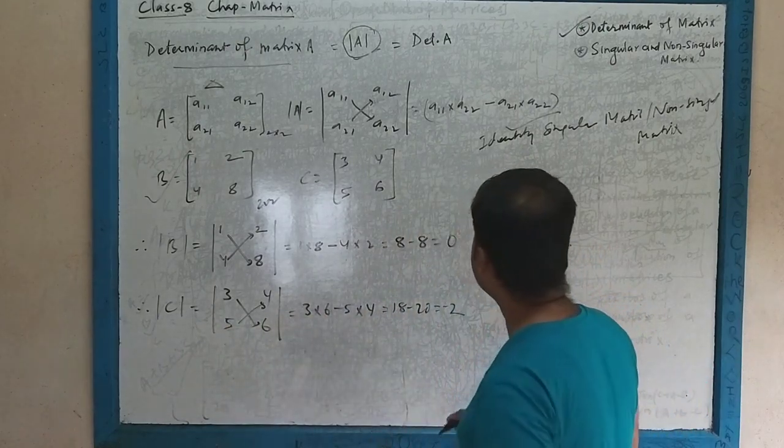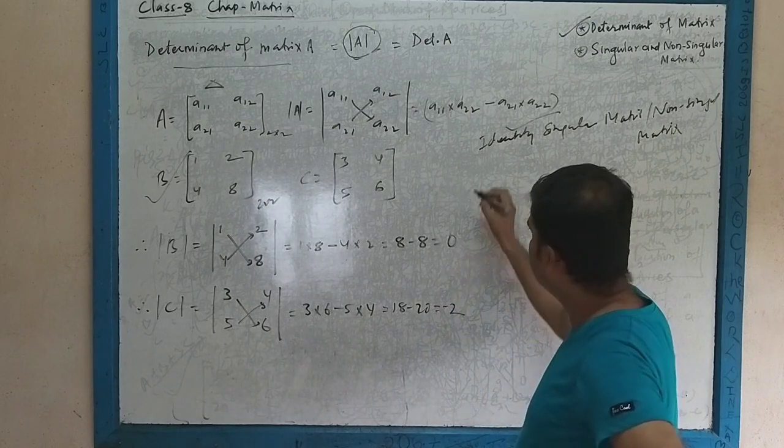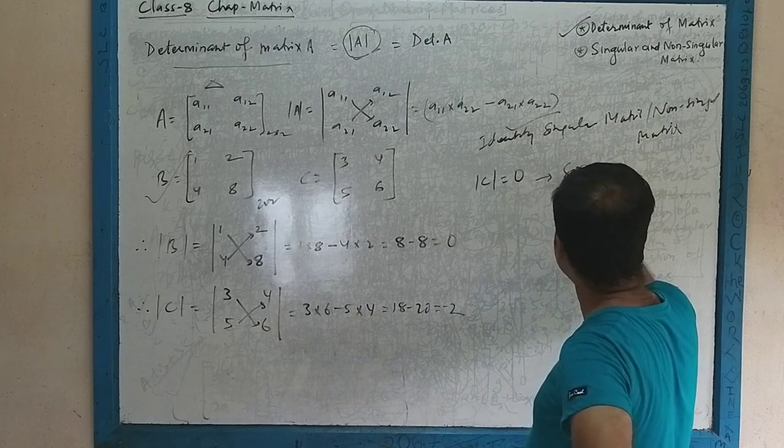So what we know is that if the determinant of matrix B is 0, this is a singular matrix.